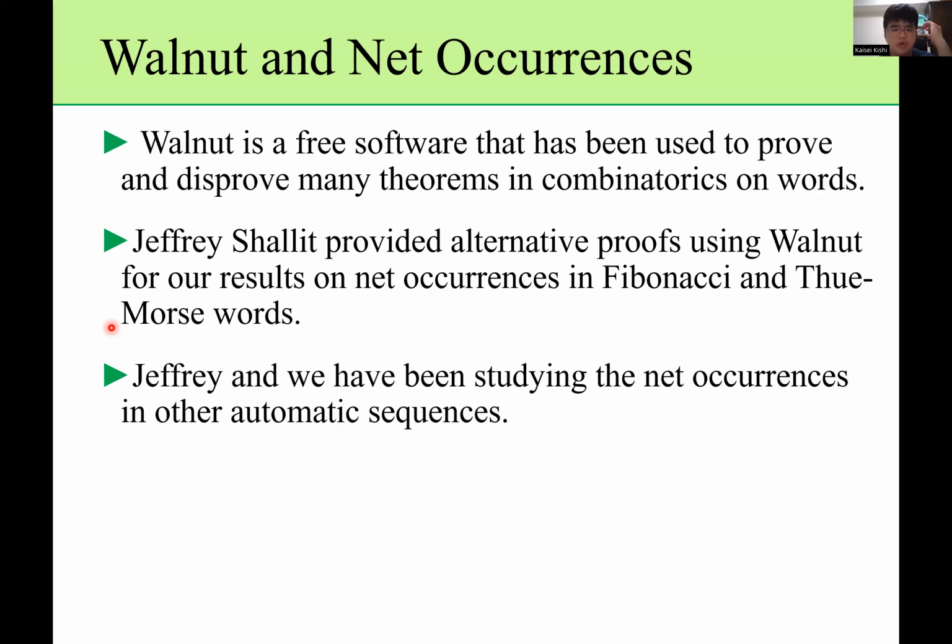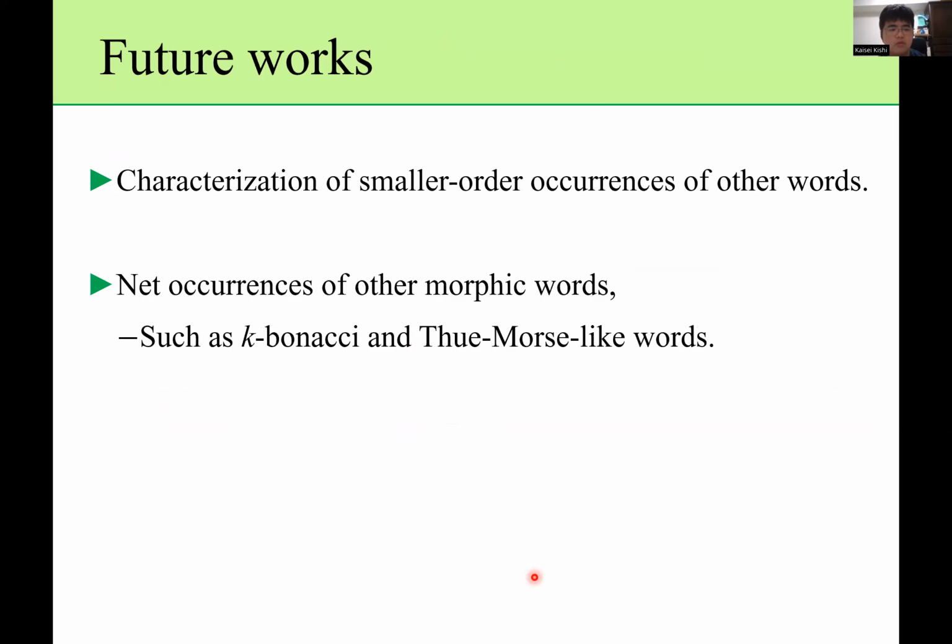So now we and Mr. Jeffrey have been studying the net occurrences, the occurrences of smaller order, and the net occurrences in other automatic sequences, like other morphic words. And finally, we talk about our future works. That is the characterization of the smaller order occurrences of other words.